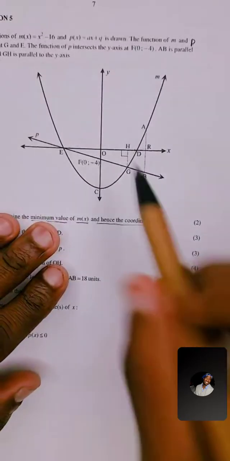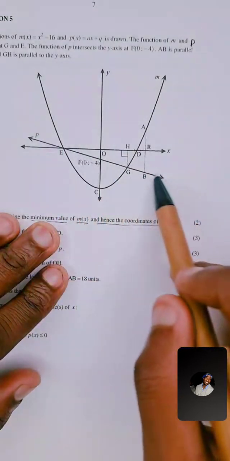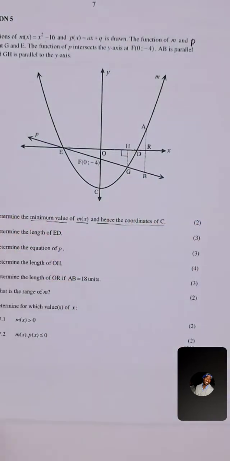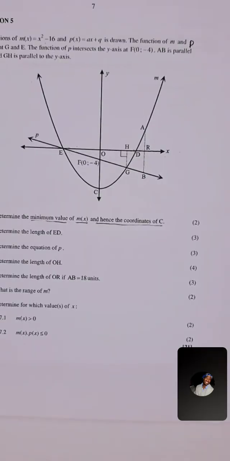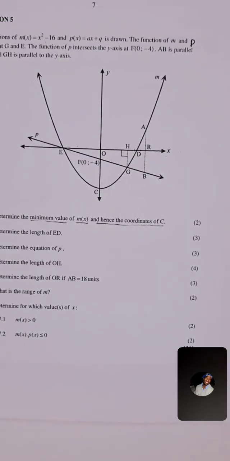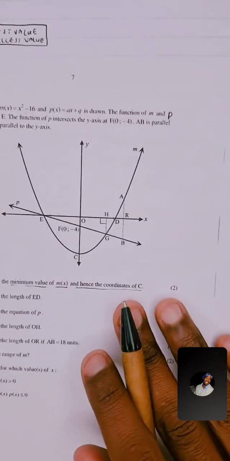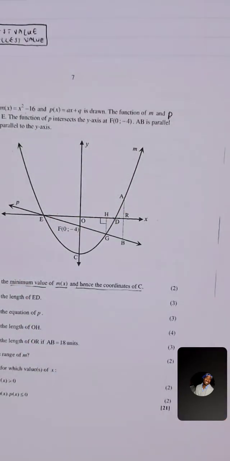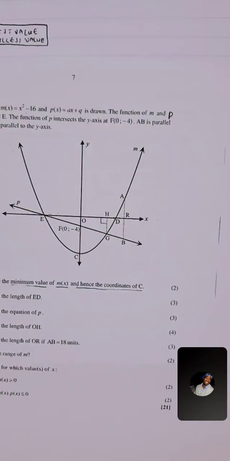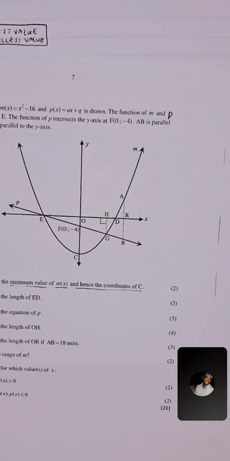P is what? It's the straight line, right? P of x. So now we are going back to grade 9, because it was in grade 9 that we started with linear functions.